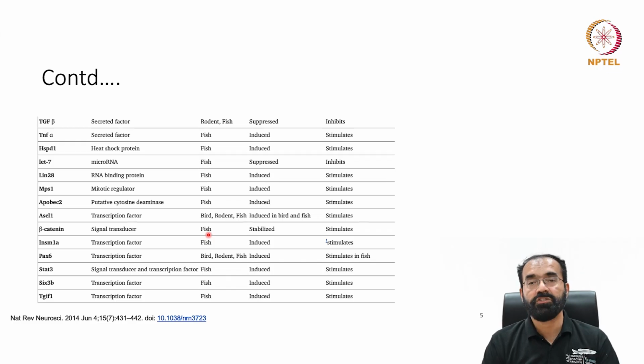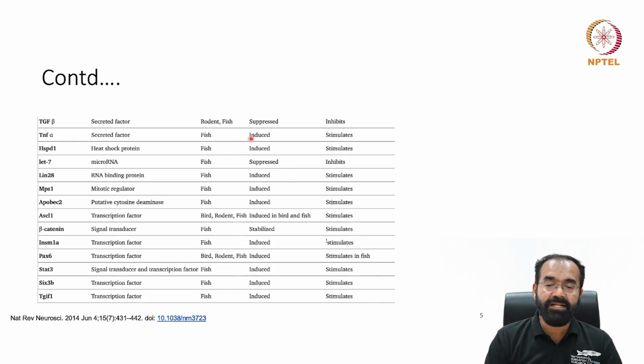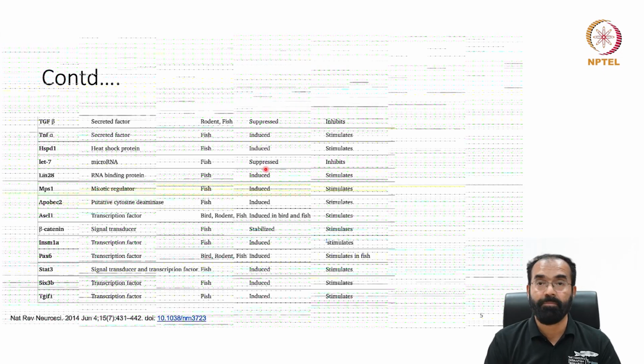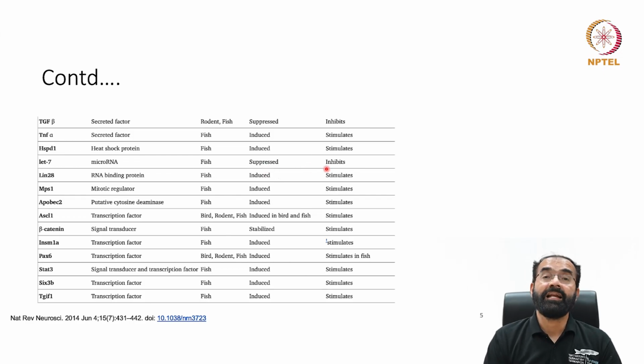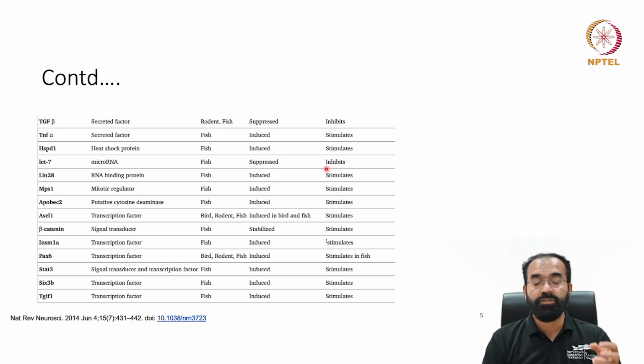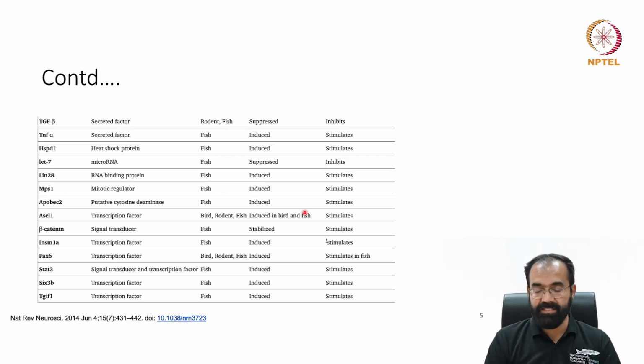That is why lots of these pathways and factors are discovered in zebrafish. And you can see not all of them are induced, some of them are suppressed. LET7 microRNA we have discussed multiple times, that is a suppressed molecule, and LET7, if present, it inhibits. So the inhibitors of regeneration are often suppressed, whereas the activators of regeneration are often induced in a well regenerating model.